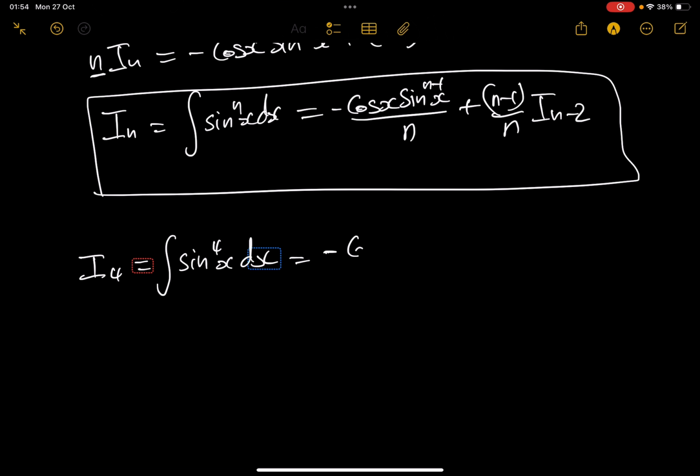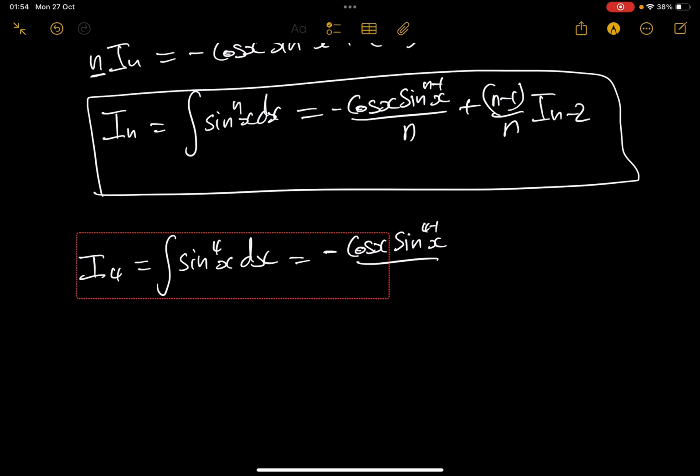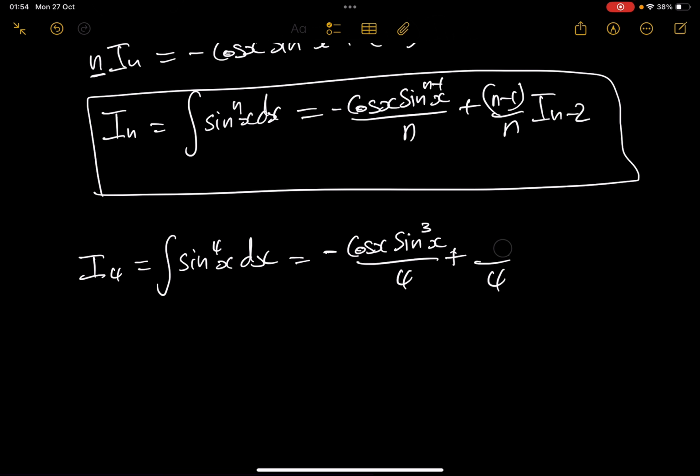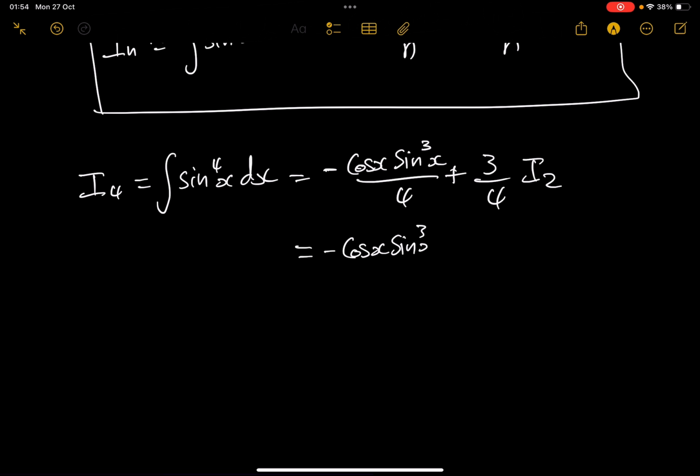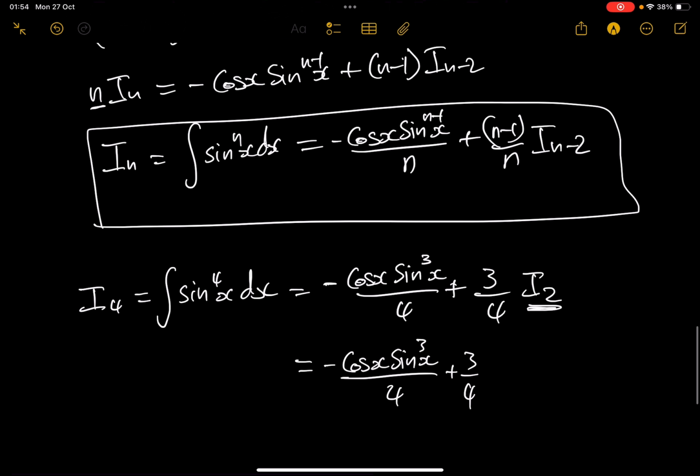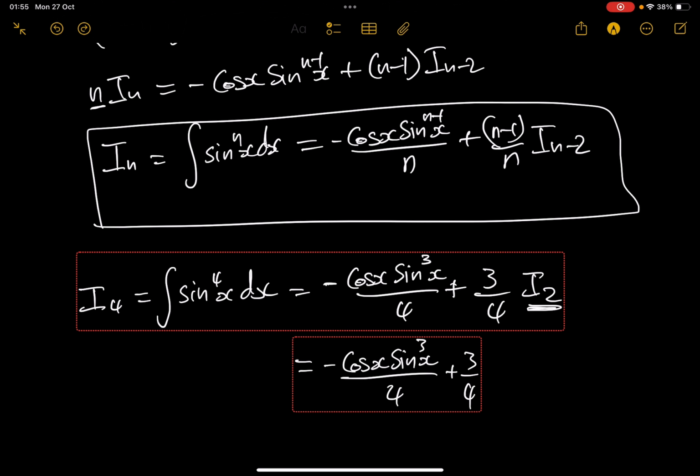So this is minus cos x sin^(4-1) x over 4, and obviously 4 minus 1 is 3, plus (4-1) over 4, which means this is going to be 3 over 4, right? And then 4 minus 2 is 2. So this is equal to minus cos x sin^3 x over 4 plus 3 over 4 I_2.